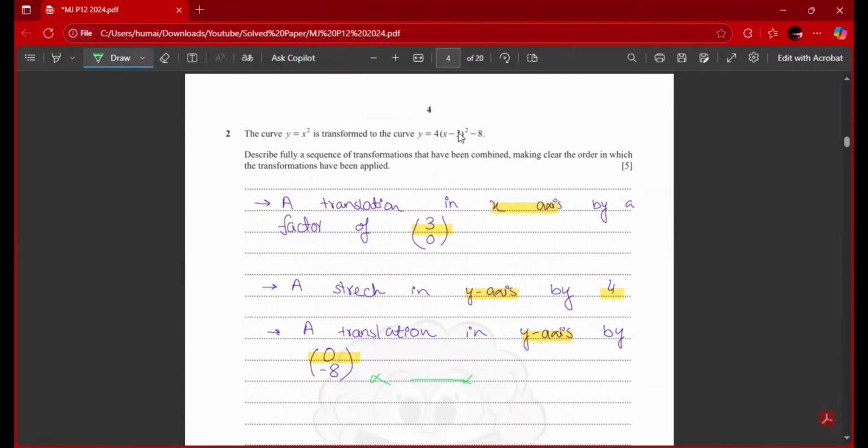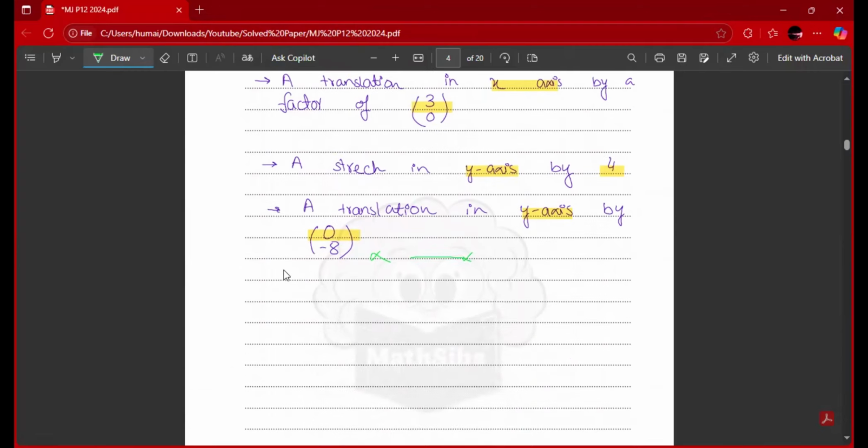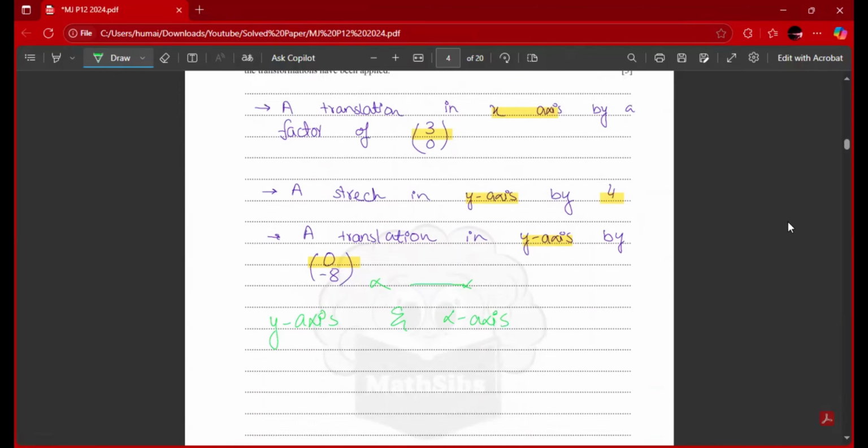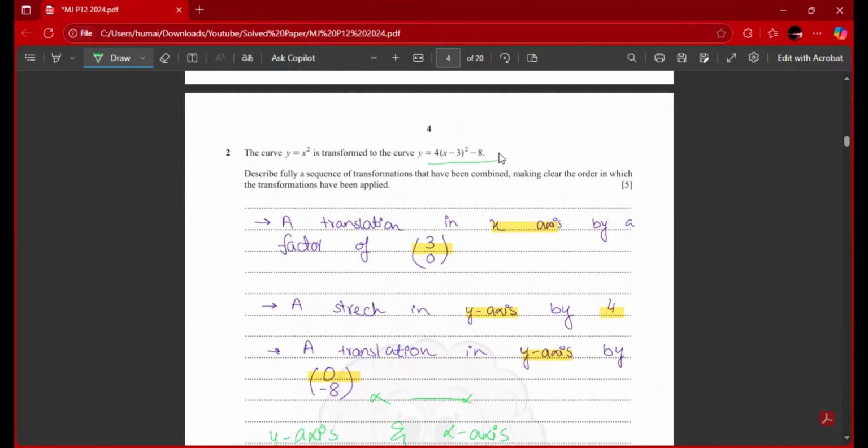Let me tell you one thing. When we are talking about y-axis and x-axis translations and transformations or stretching together, seeing this equation, I could easily tell it is being stretched and translated in the y-axis, x-axis, and then translated in the y-axis. Now, how do I know this?